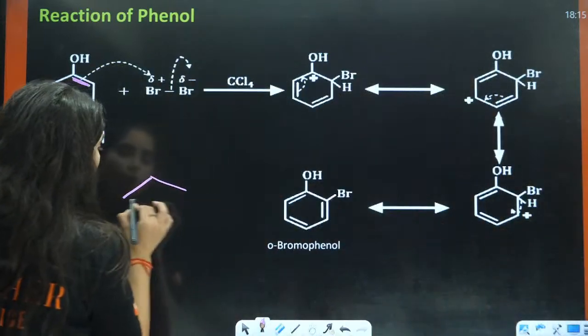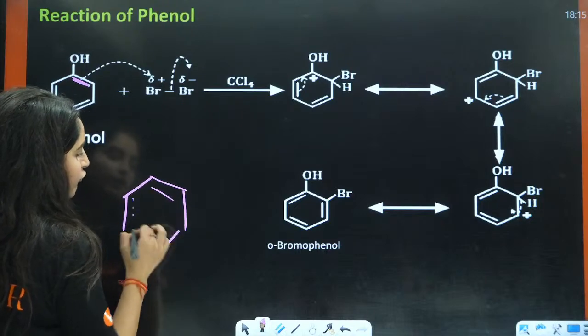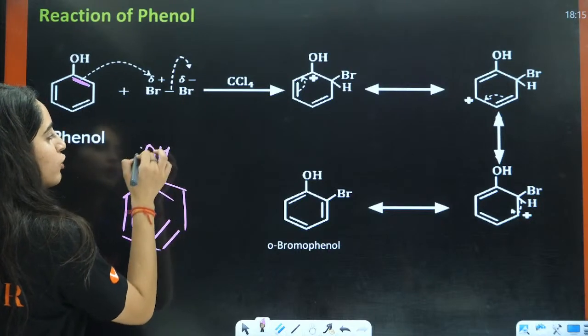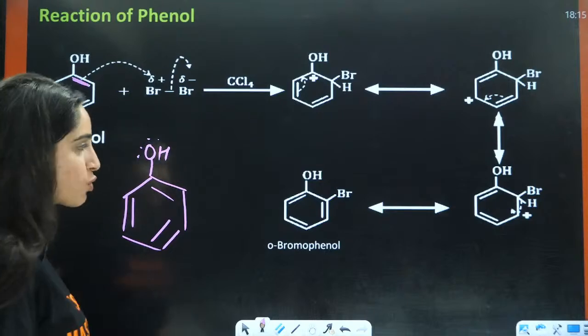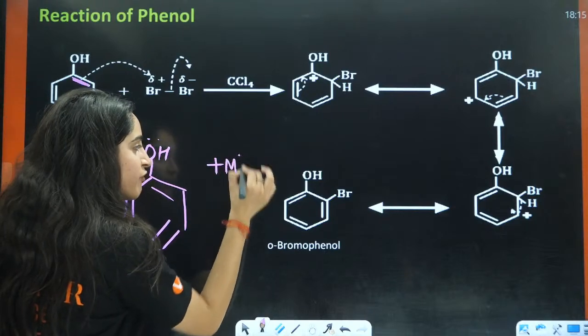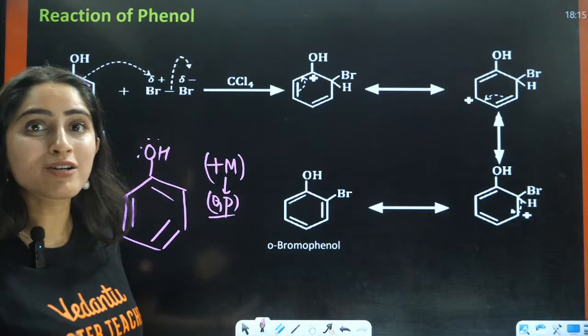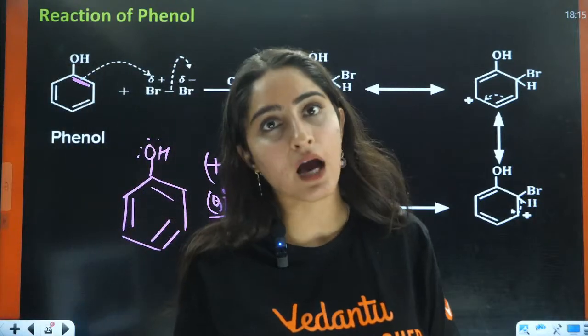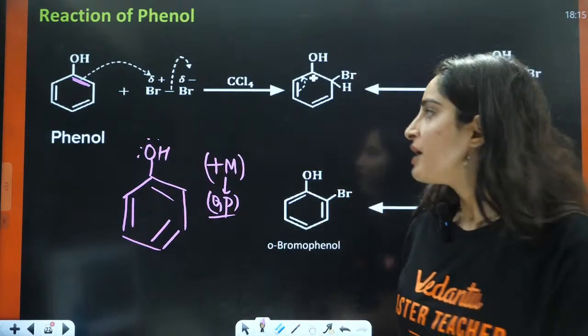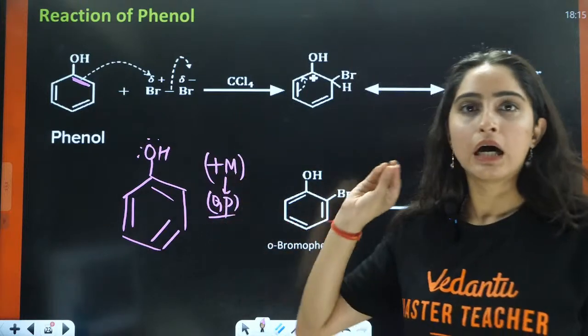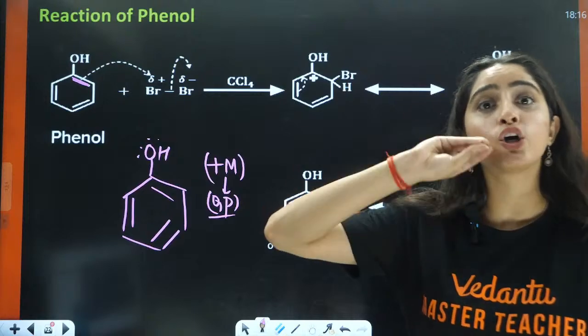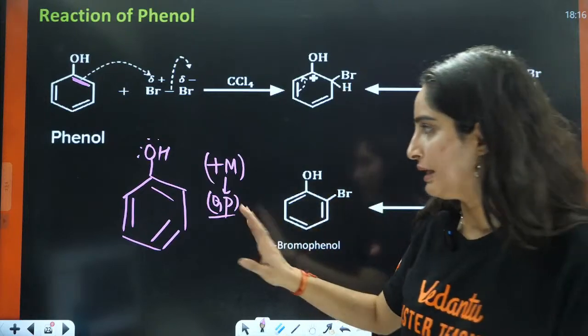Phenol has an OH group with a lone pair of electrons, so it shows a plus M effect. That is why it is ortho para directing. You will not see any meta substituted product, so all the electrophiles attack on the ortho or para position only.